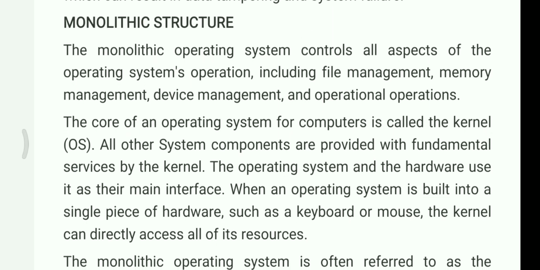The monolithic operating system controls all aspects of the operating system operation, including file management, memory management, device management, and operational operations. These are the points of monolithic structure.